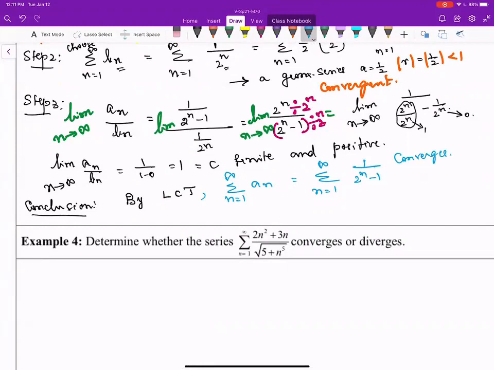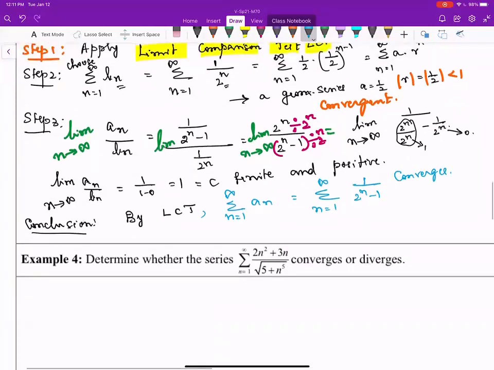It is convergent or divergent as per sigma bn. Sigma b sub n, we mentioned before, is convergent, and therefore sigma an also converges.